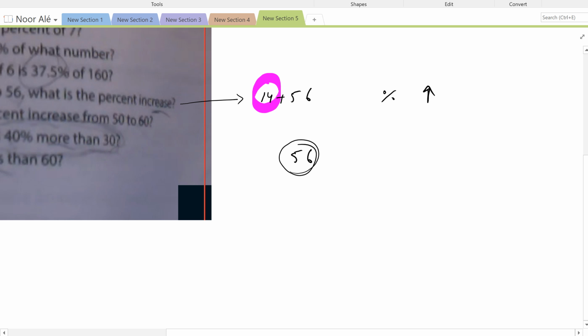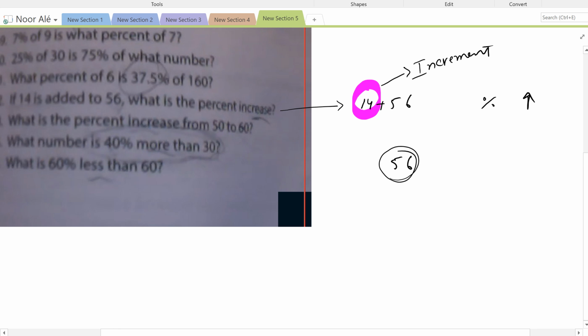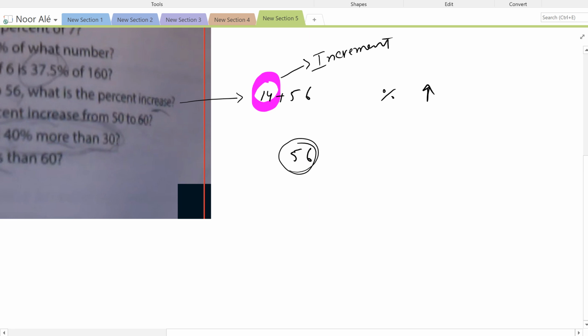That is the increment. So they're adding 14 to that. That's why we're going to do 14 divided by the initial value, 14 out of 56 multiplied by 100, right? That was the initial value, and then you bring it up by adding 14, and 14 is going to be that much percentage.